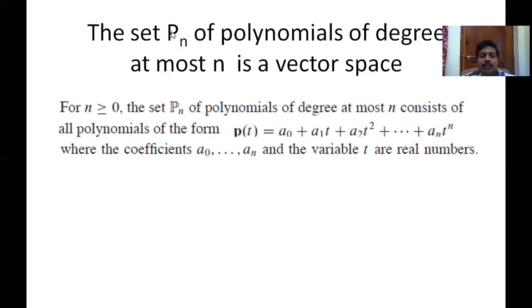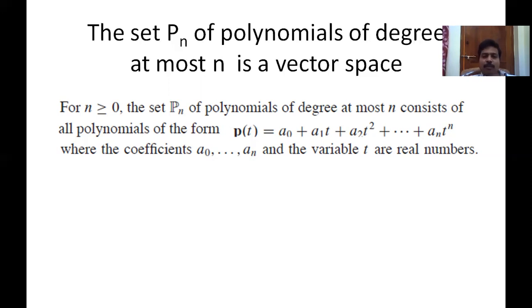For n greater than or equal to 0, the set Pn of polynomials of degree at most n consists of all polynomials of the form: each vector of our set will be of the form p(t) = a0 + a1t + a2t^2 and so on up to an t^n, where the coefficients a0 and so on to an and the variable t are real numbers. So here all the coefficients are real numbers and the variable t is also a real number.